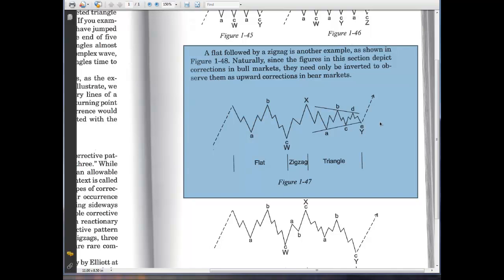And according to this textbook, it is going to resolve to a higher move, break out of this to a higher move.